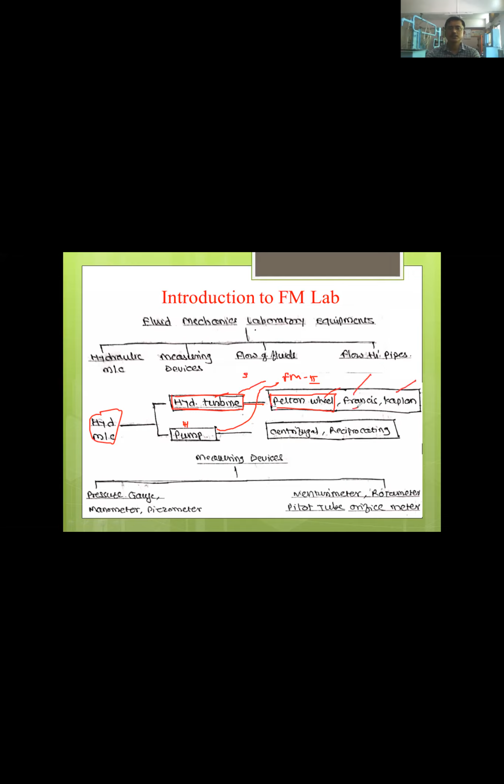Various turbines, their working principle, and you are going to solve different types of problems about the design of these turbines. In our lab we have these various turbines: Pelton wheel turbine, Francis turbine, Kaplan turbine. But you are going to learn this in fluid mechanics 2.